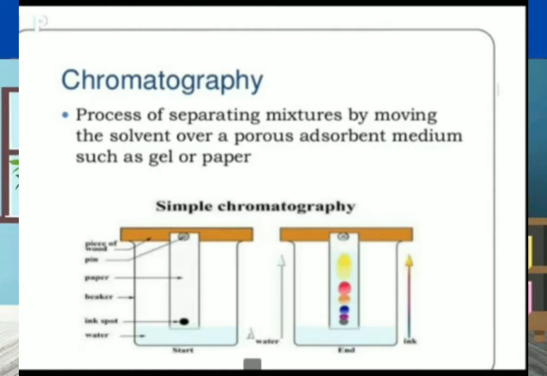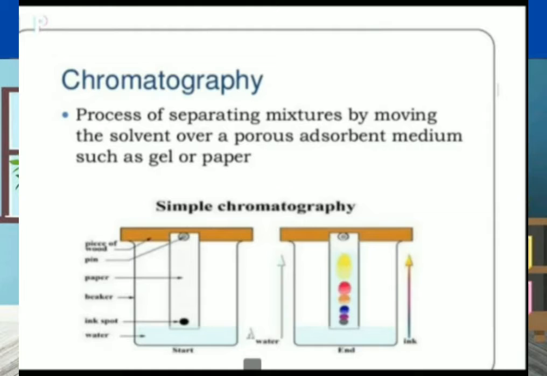As the water rises on the filter paper, it takes along with it the dye particles. Usually, a dye is a mixture of two or more colors. The colored component that is more soluble in water rises faster, and in this way the colors get separated.